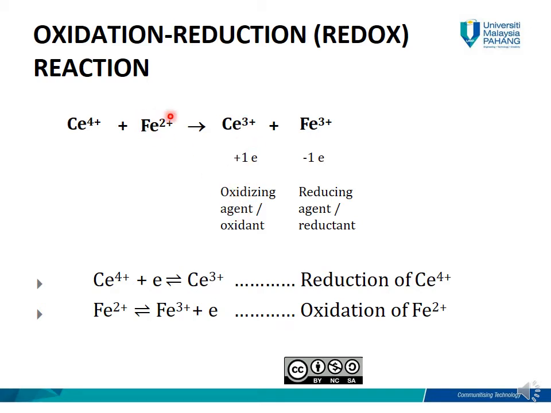Whereas for the iron, you can see the charge goes from 2 plus to 3 plus, so this half cell lost one electron. When it lost one electron, we can tell that it is an oxidation process, and iron is actually the reducing agent.